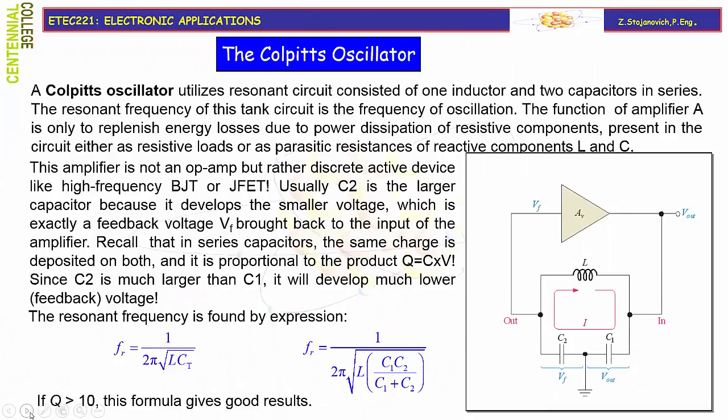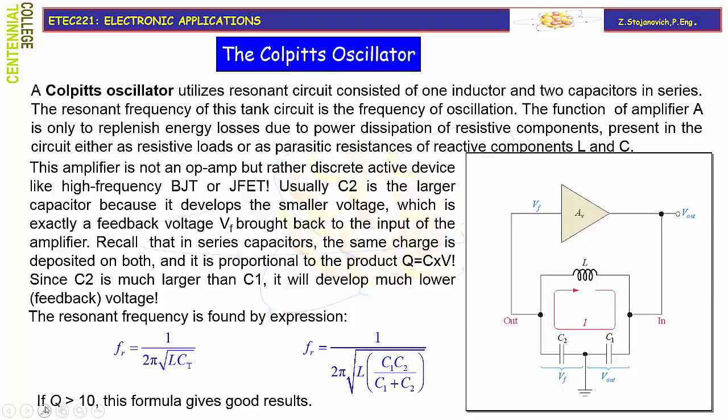A Colpitts oscillator utilizes a resonant circuit consisting of one inductor and two capacitors in series, as shown in the enclosed schematic. The resonant frequency of this tank circuit is the frequency of oscillation.